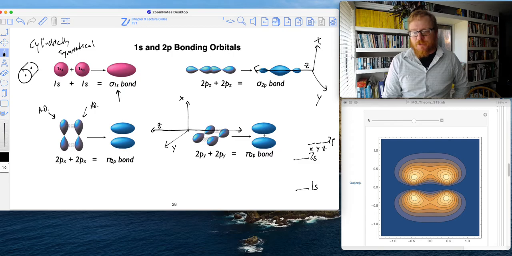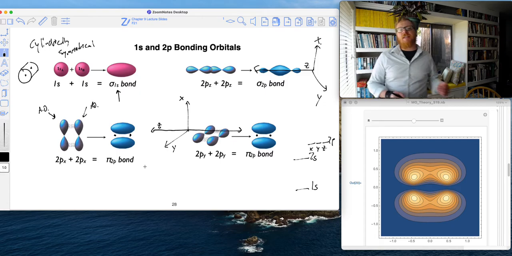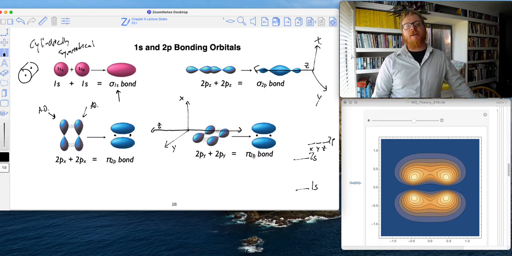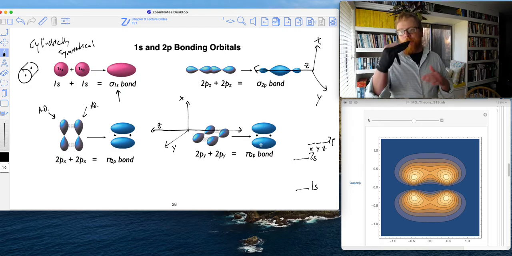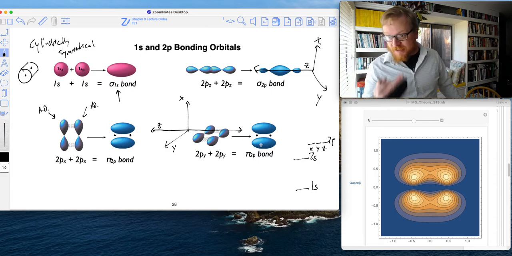So in fact, my nuclei are really right here and right here, or here and here. Okay, so that's what makes these different than a sigma bond. The sigma bond has that overlap between the two nuclei. The pi bond has that overlap above the two nuclei. All the same, that can still keep them bonded together.